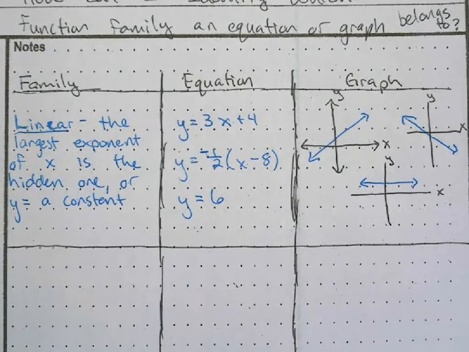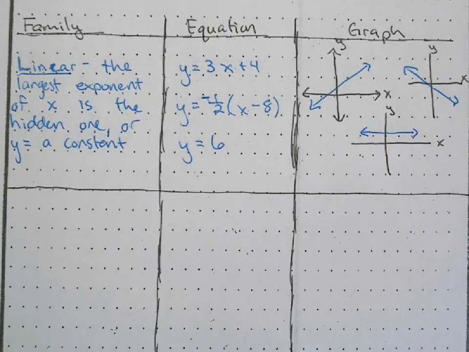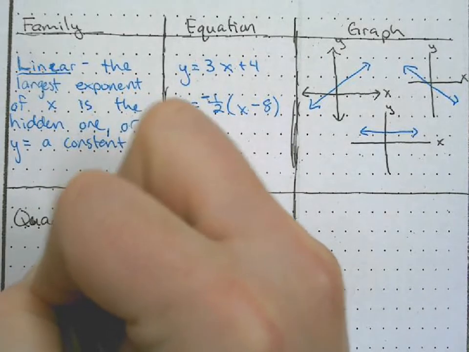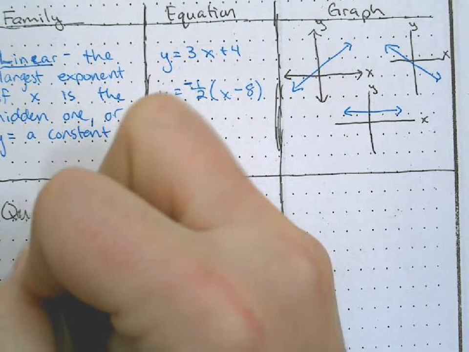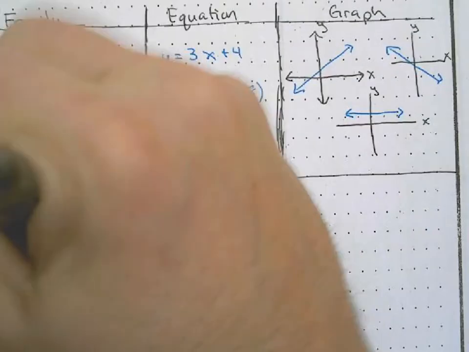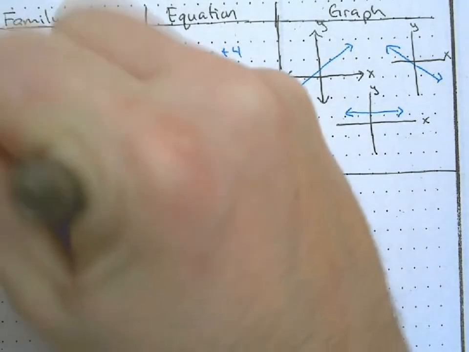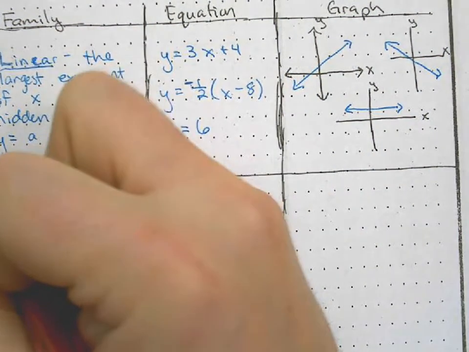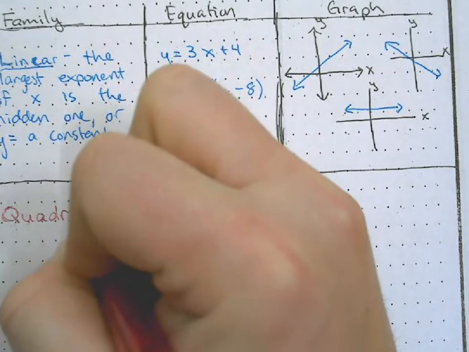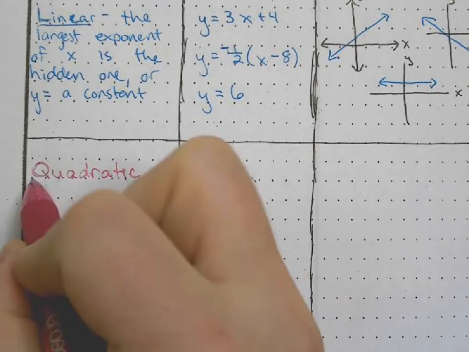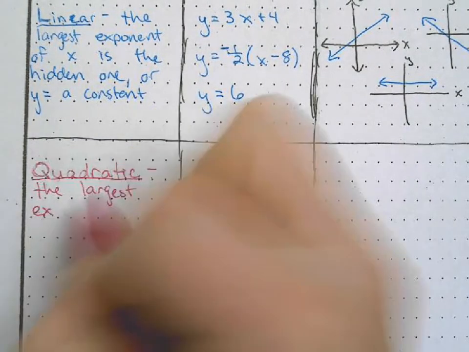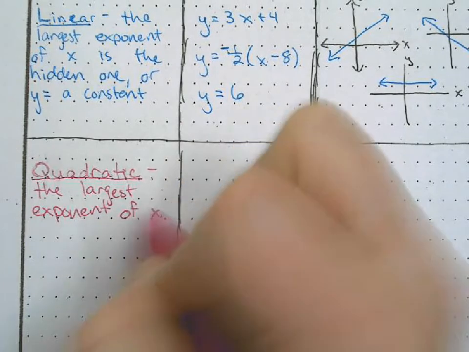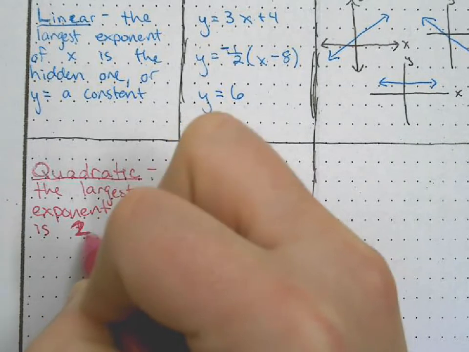Our next family will be quadratic. For quadratic, the largest exponent of x is 2.